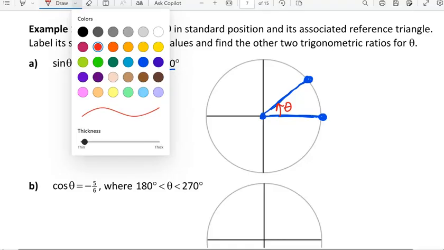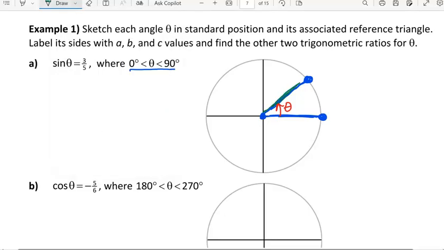And now I'm going to draw an associated reference triangle. Our associated reference triangle is formed by utilizing that terminal side as the hypotenuse, and then taking the endpoint of the terminal side and dropping a horizontal to the nearest x-axis. That'll form our opposite side, and the horizontal or adjacent side will be on the x-axis.